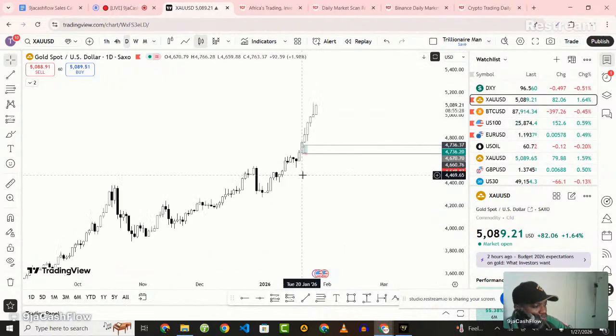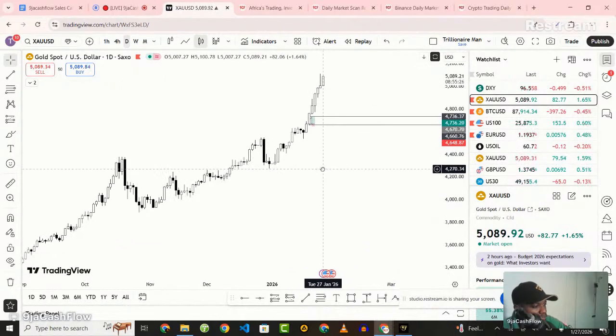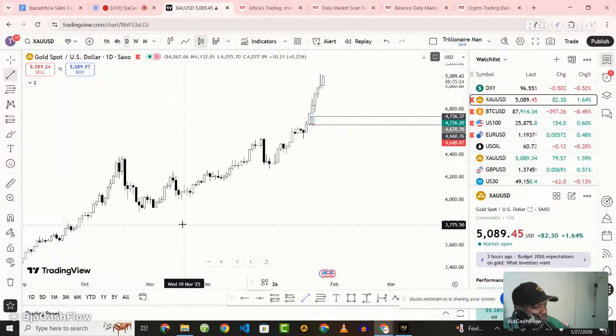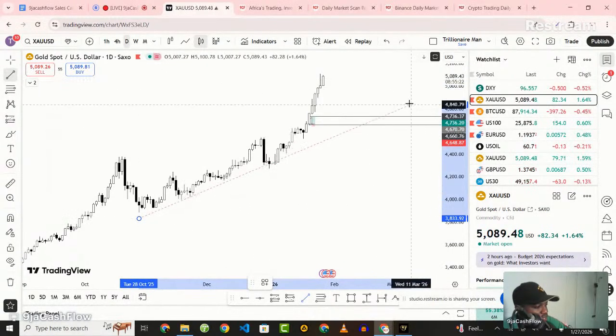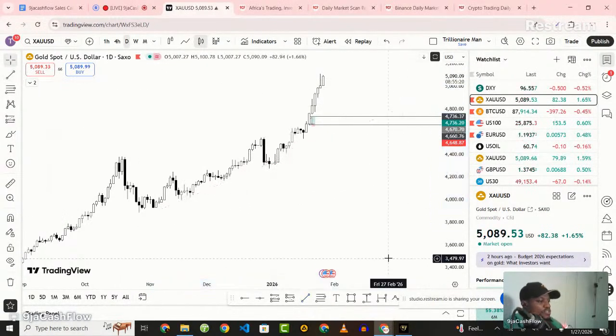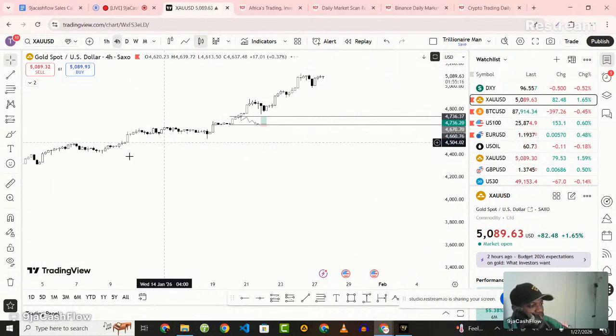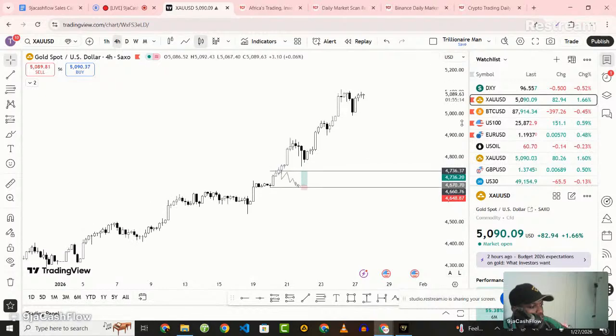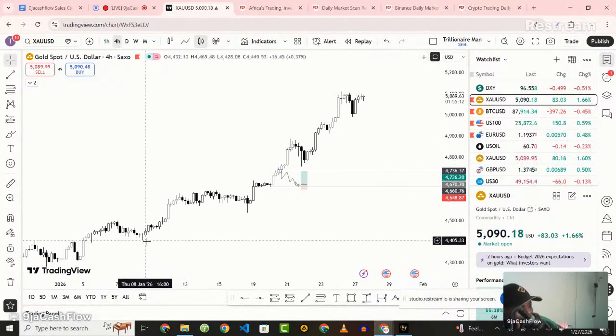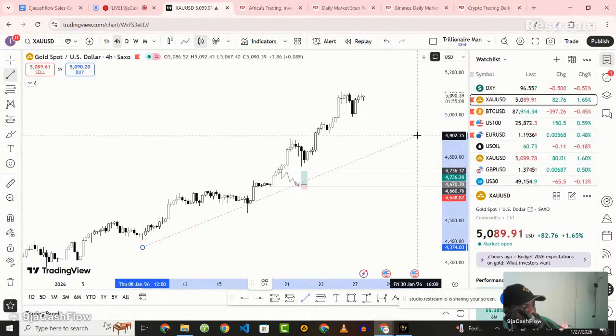Daily is bullish, and if you decide to just draw a simple trend line, you see that this is bullish. So let's move to a lower time frame, 4 hours. 4 hour is also pretty bullish, as you can see with a trend line, pretty bullish, strongly bullish actually.